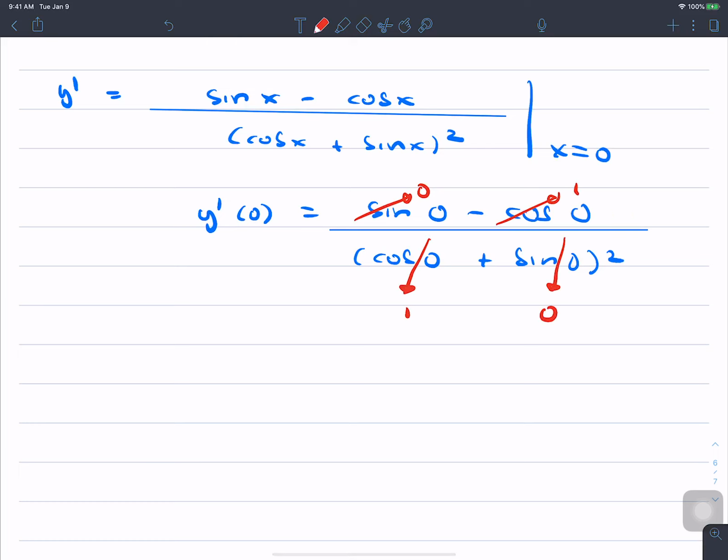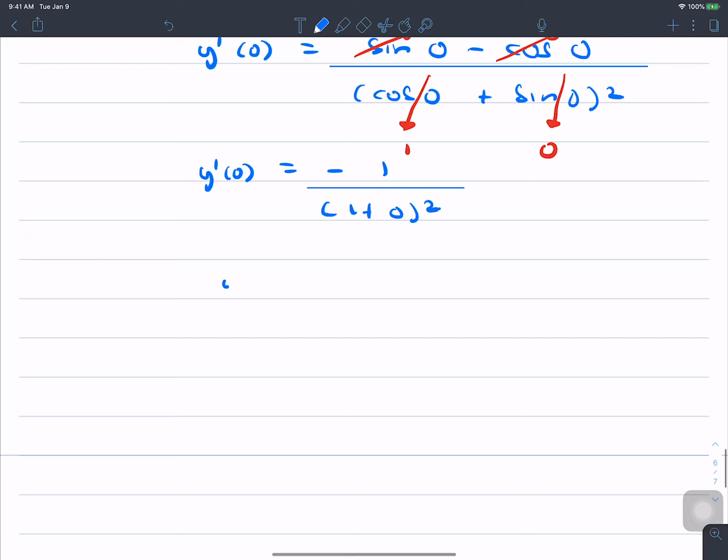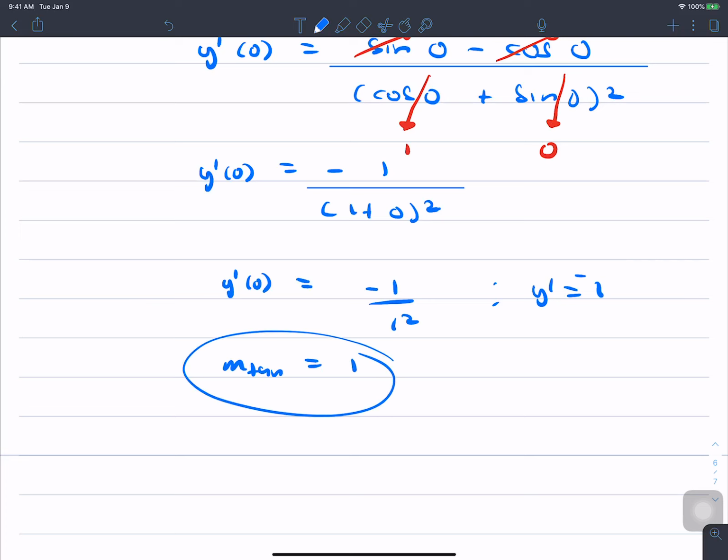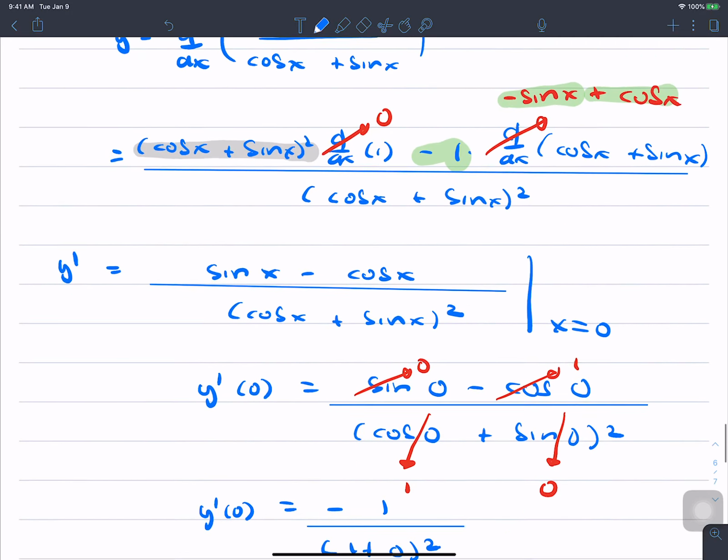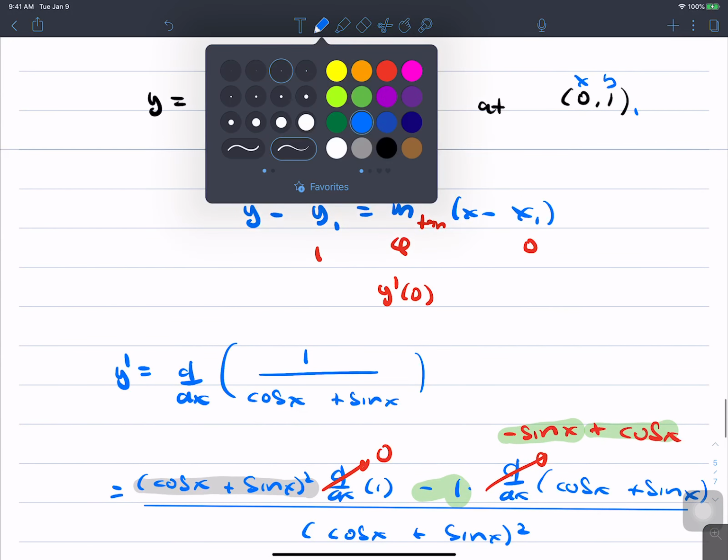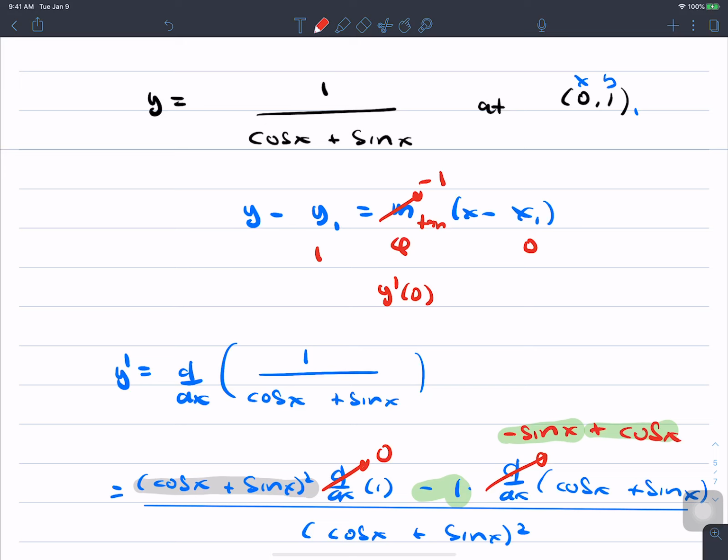So y prime of 0 becomes minus 1 over 1 plus 0 squared. And so y prime of 0 is a negative 1 over 1 squared. We know m tangent here is negative, I apologize. All right, negative 1.